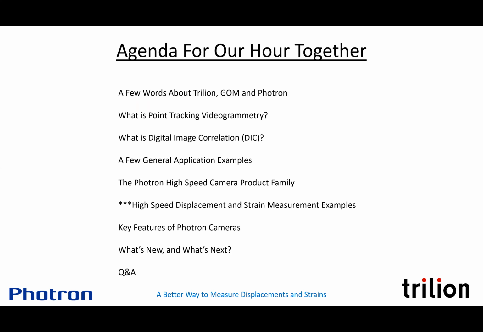Shane will give a lot of background on the different cameras within the Photron product family and how we take advantage of those features to make measurements, and lots of examples. That's the main thing we want to show you, to stimulate your imagination on what kind of measurements you can make, displacements and strains with the high-speed cameras. And then what's new and what's next, and any questions that you have, we'll be glad to try to answer.